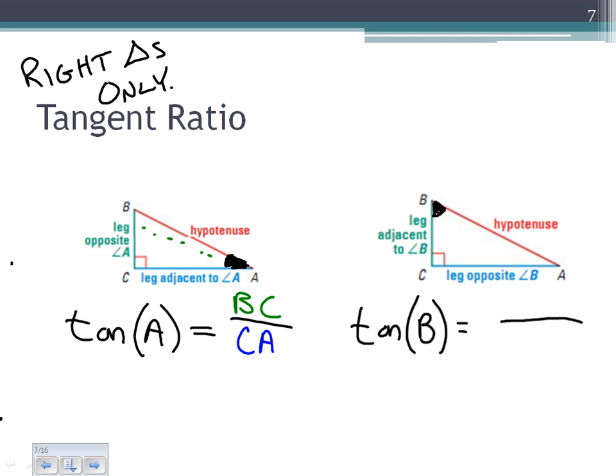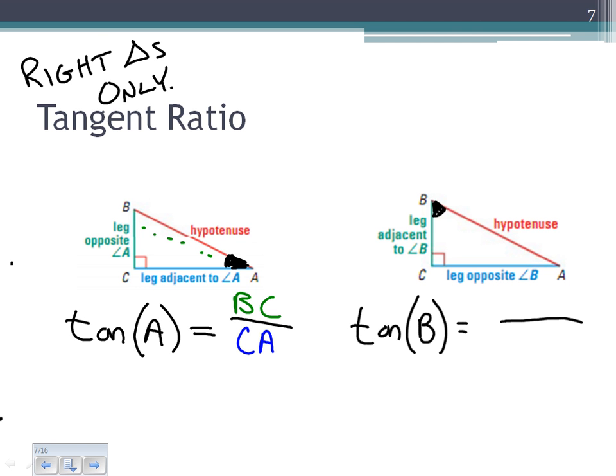We're looking at the tangent of B. Khalil? BA over AB over. What is AB from our picture?